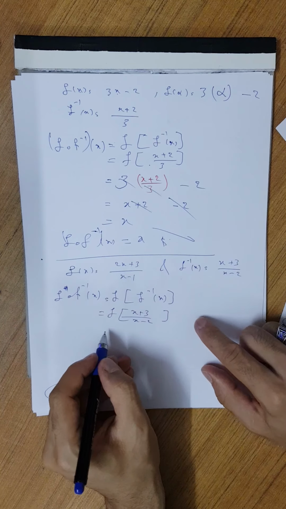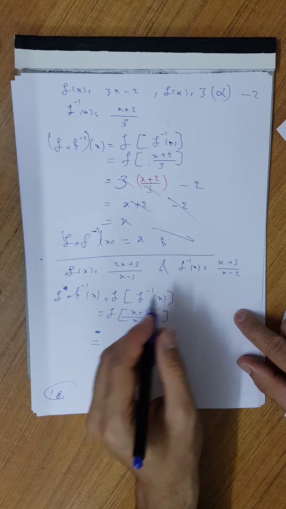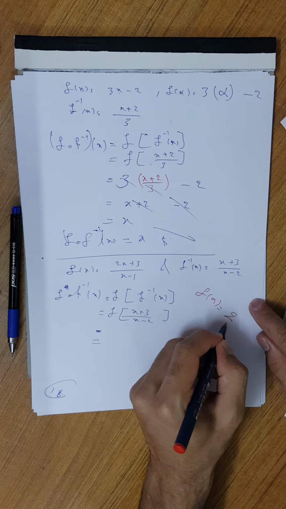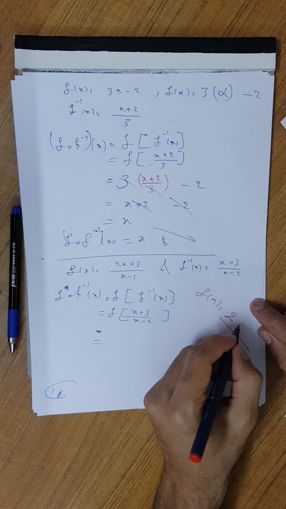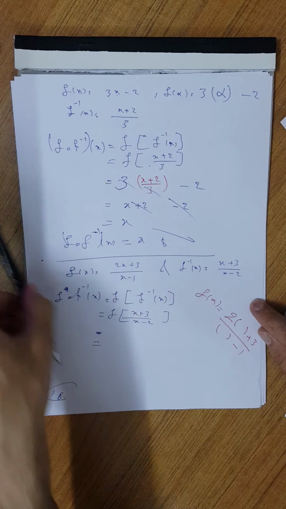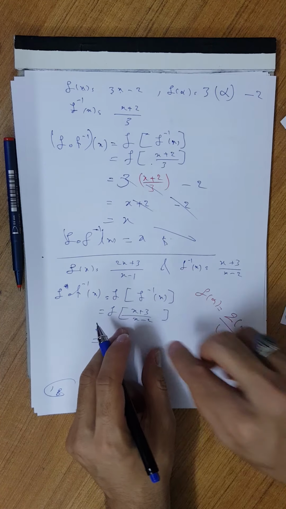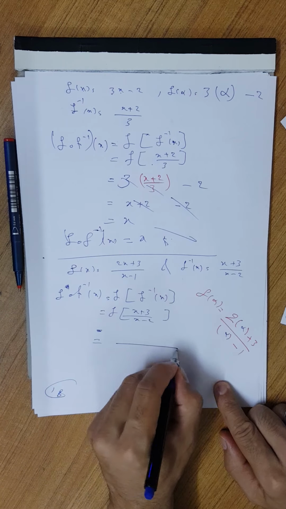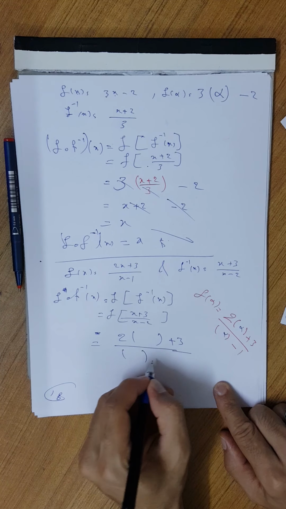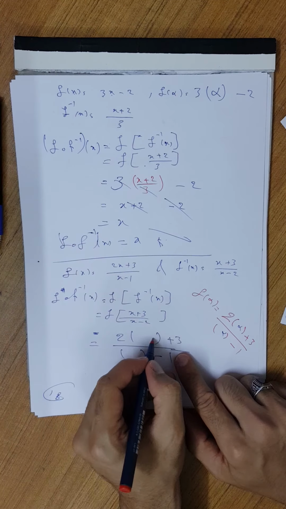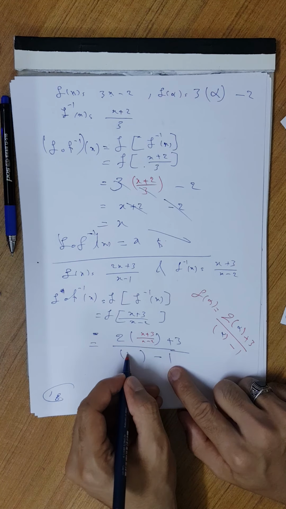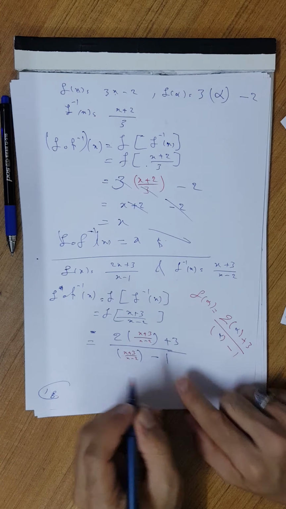If I put lambda, I will get 2 lambda plus 3 over lambda minus 1, because we have a fraction here. What's lambda? Lambda is equal to x plus 3 over x minus 2.